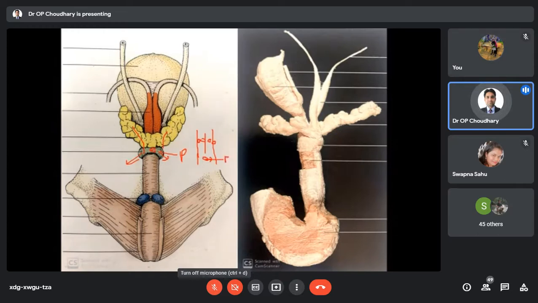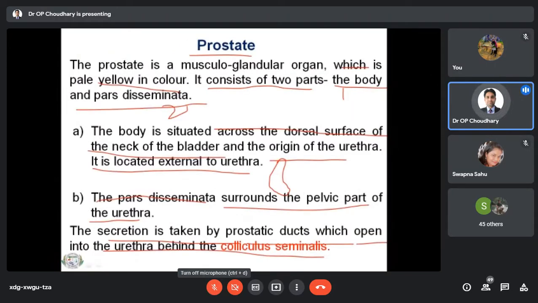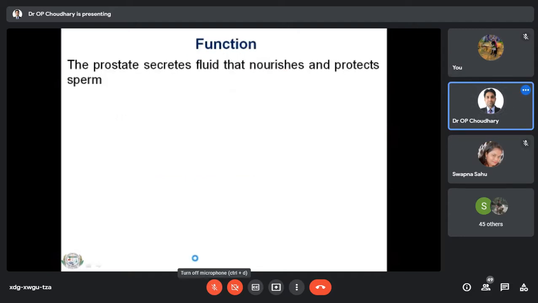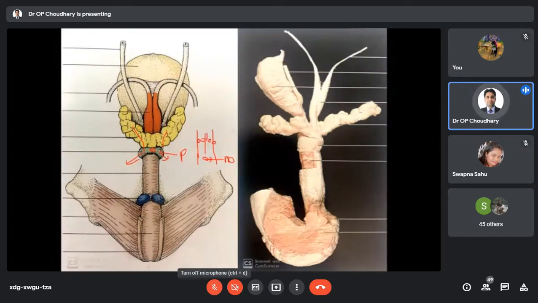So whatever secretion is produced by the prostate gland will be deposited into the prostatic ducts, and these are present behind the colliculus seminalis.